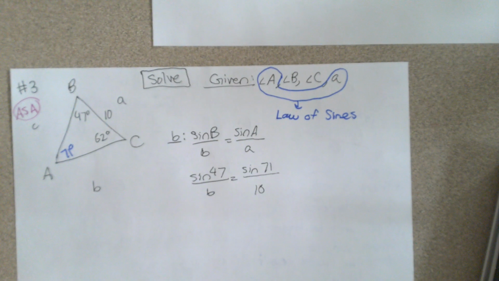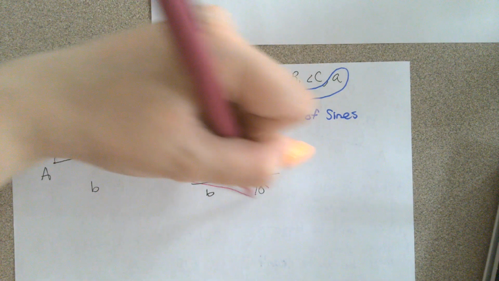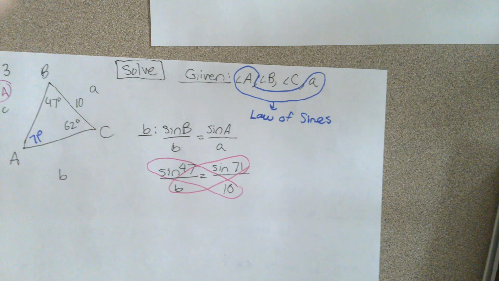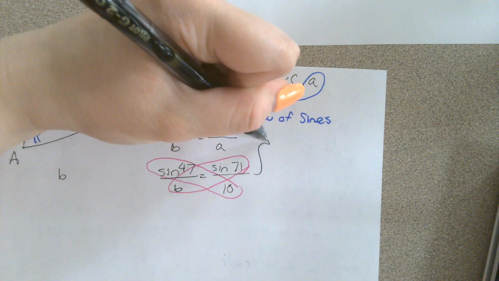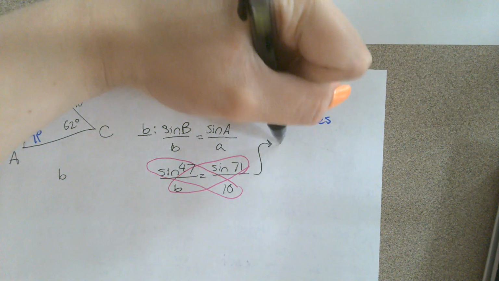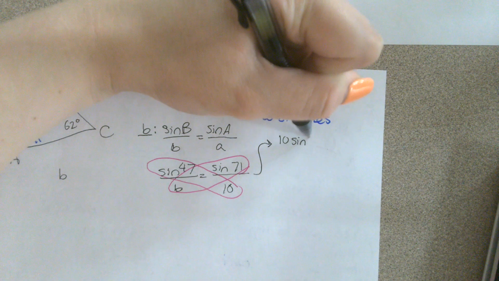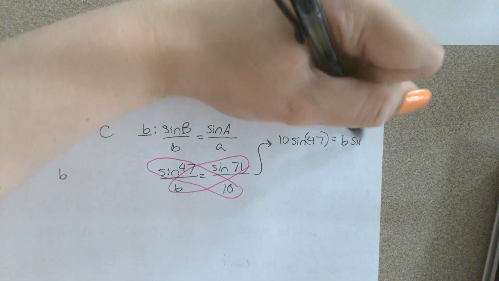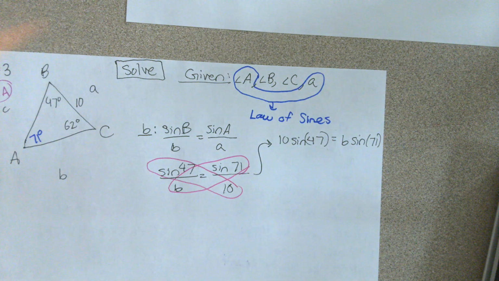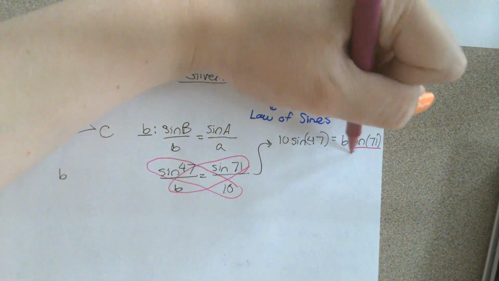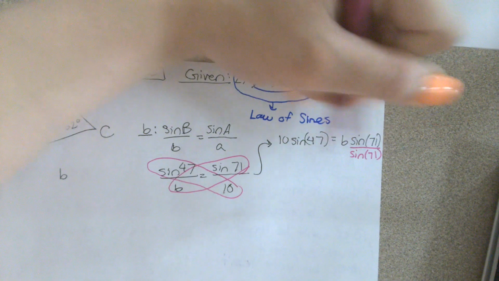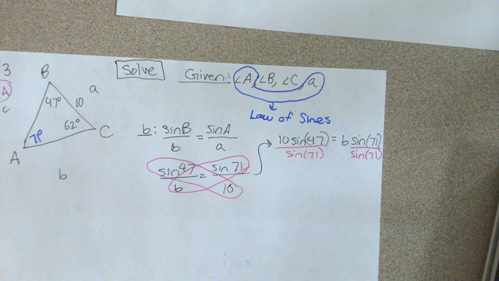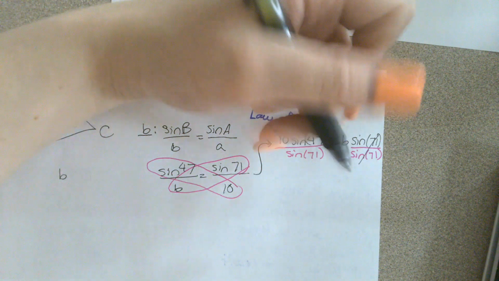The nice thing is sides are really easy to find, a little easier to solve for on these problems. We get 10 sine of 47 equals b sine of 71. Divide off the sine of 71. These cancel.